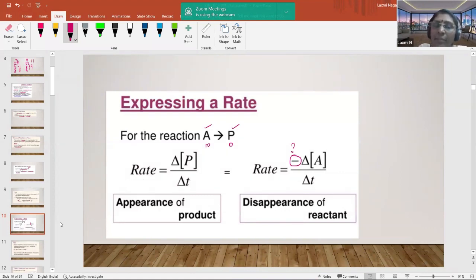After a certain time, if the reactant has gone down to 7, the product would have increased to 3 if it is 1:1. Del P is always measured as final minus initial. So it would look like 7 minus 10 over, let us say, a duration of 5 minutes. It is going to give you a negative result. At this point, please tell them that, as in physics, the speed of a bus can never be minus 70 kilometers per hour.